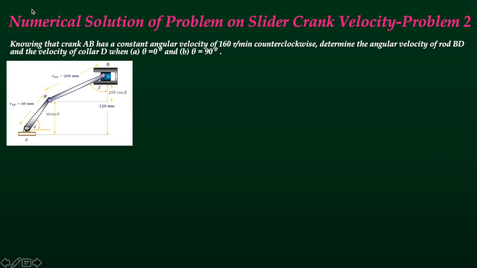Our second problem is similar to the first one, the only difference is that here the points A and D, meaning the piston, are not on the same horizontal plane, rather it is placed at an elevated height of 120 mm from the ground.